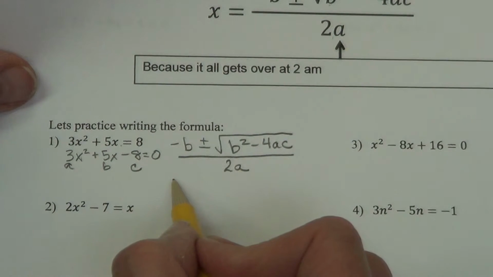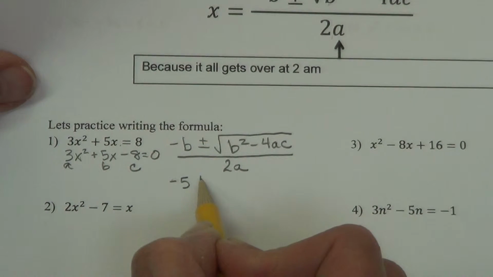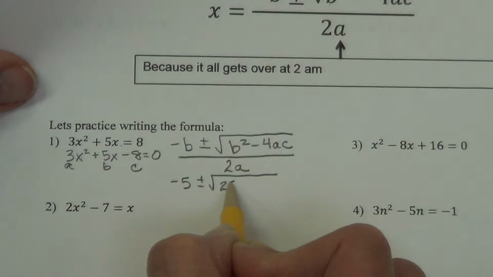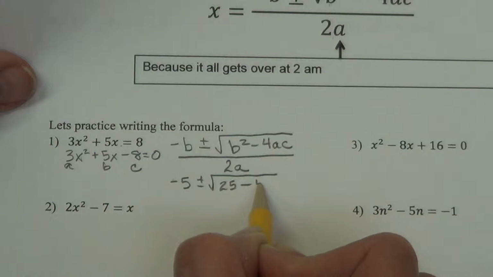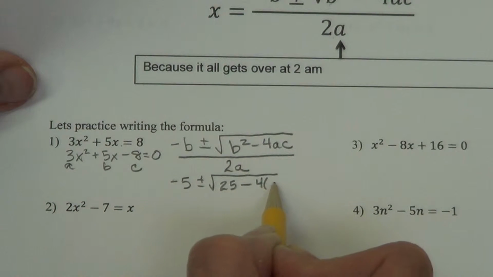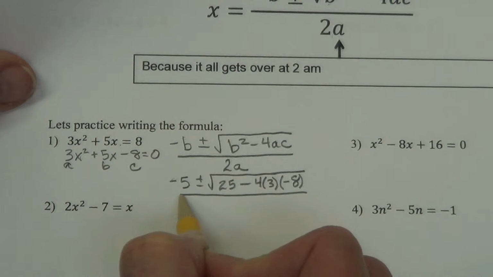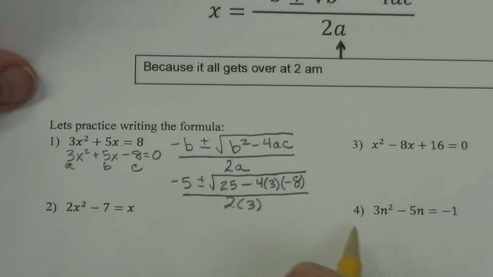So to plug it in, I would write negative 5 plus or minus radical 5 squared, 25, minus 4 times a times c, negative 8, all over 2 times a. Okay?